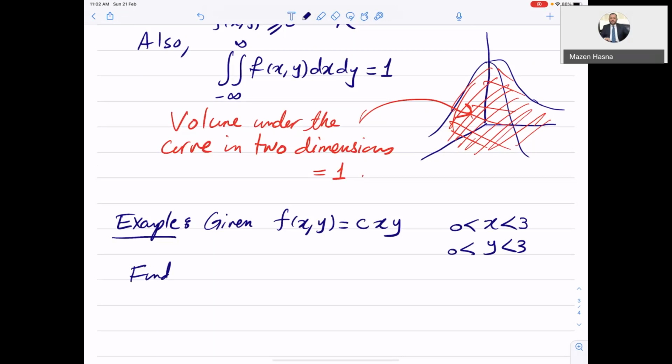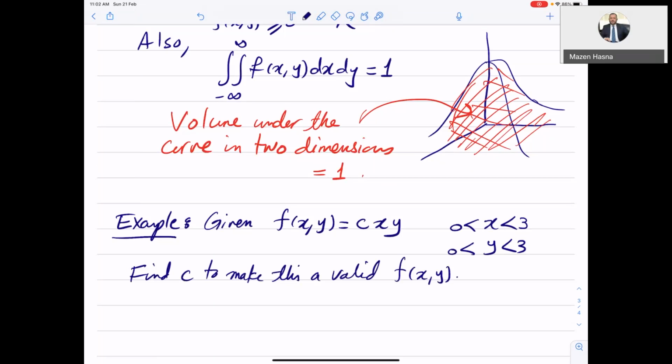Find c to make this a valid f of x and y. We want to find c that makes this a valid f of x and y.